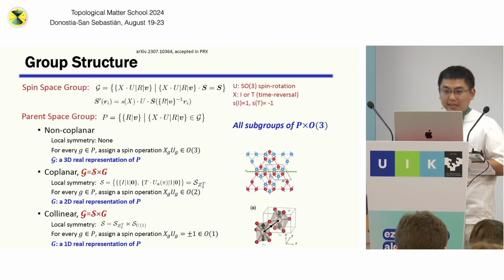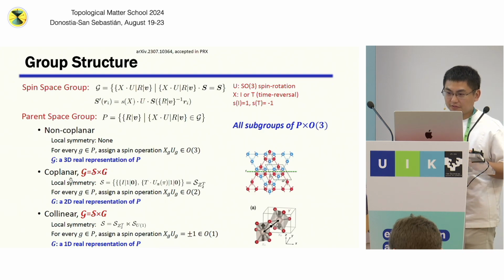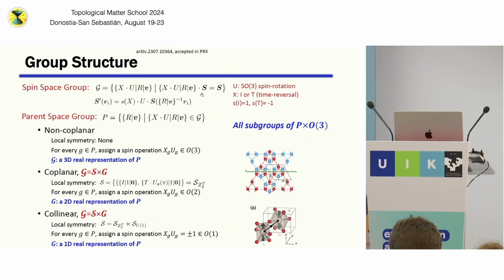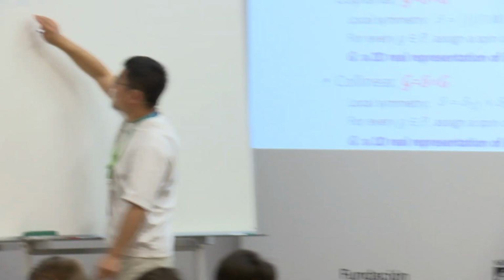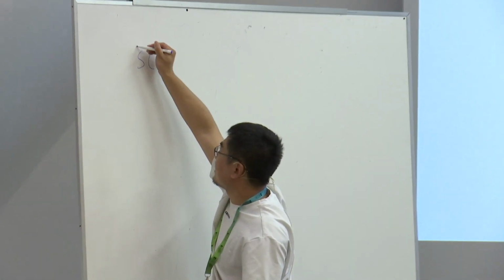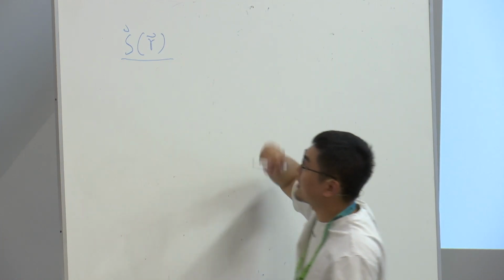So let me first define a spin space group. Let's first consider a magnetic structure given by this S. A magnetic structure is defined by a classical vector field, right? S is a vector, and it's a function of r, so it's a classical vector field.